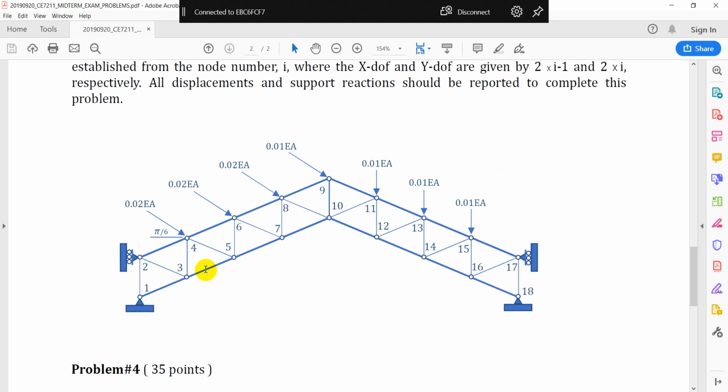So the geometry of this truss, horizontal distance is 12 L, and the vertical distance from this point to this point here is equal to 5 L. So your geometry is falling into that triangle you learn in Pythagoras theory, 5, 12, and 13.